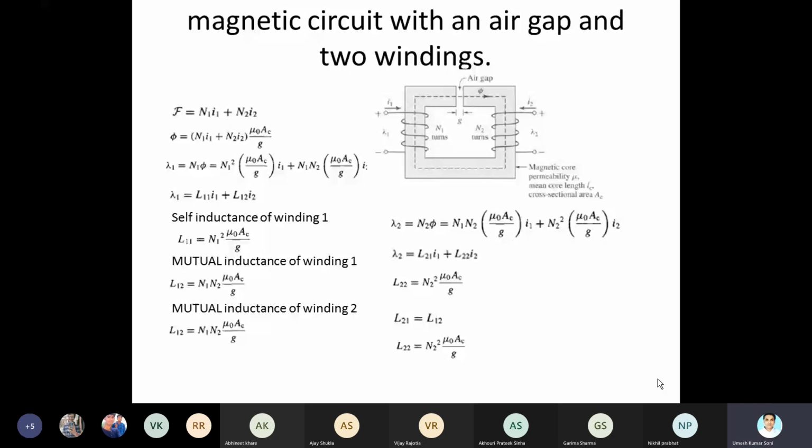Now you see that phi is the flux in the overall core and it depends on the reluctance of the path and the total MMF set up by this primary winding.